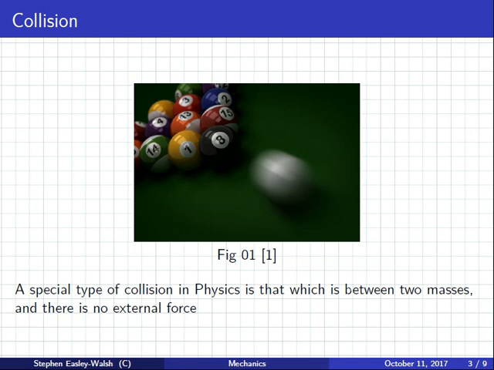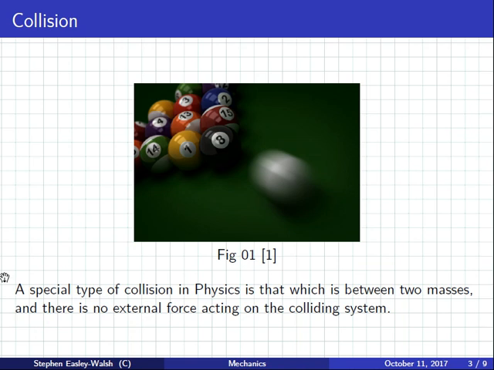They don't collide because of an external force, like if I grab this and then start doing this. That's a collision, but not the one I want to study today. I want to look at ones where they're moving by themselves and they collide, not because an external force makes them collide. So this is a special type of problem in physics.